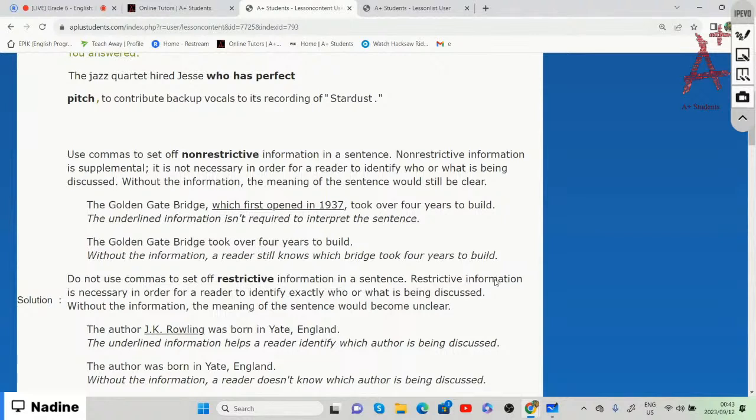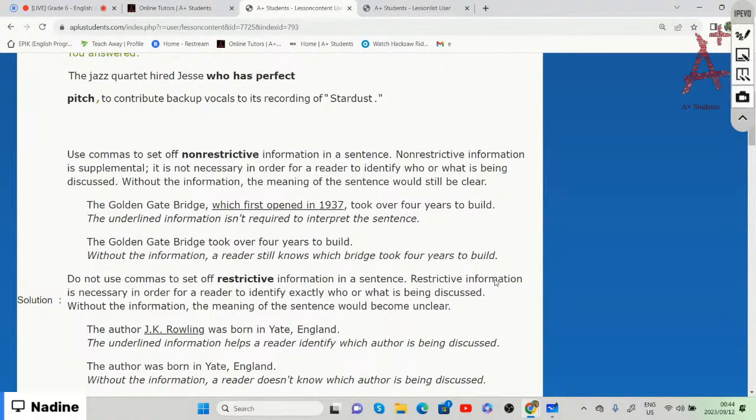Because if we remove that underlined information, our sentence would still make sense, and we will still know who or what is being discussed. So we do not use commas to set off restrictive information, only non-restrictive information.